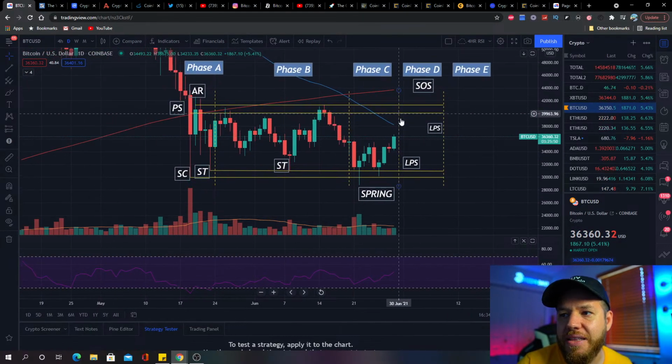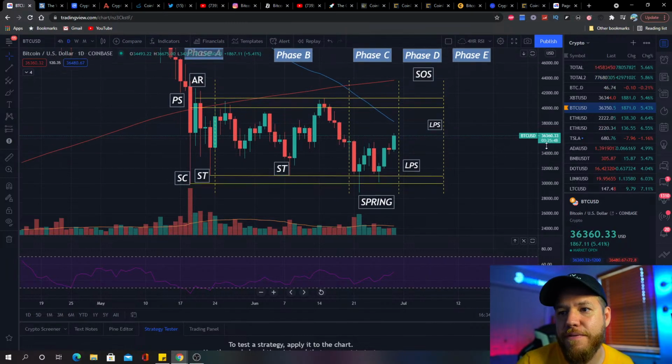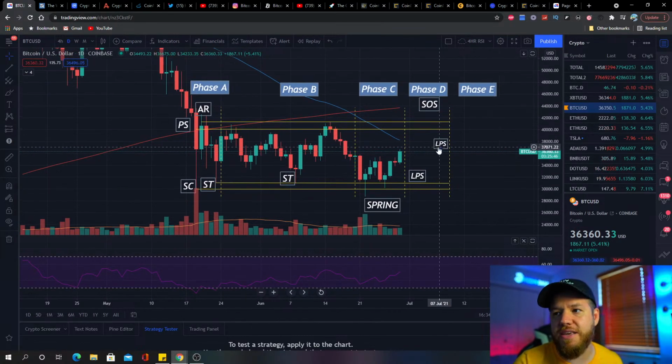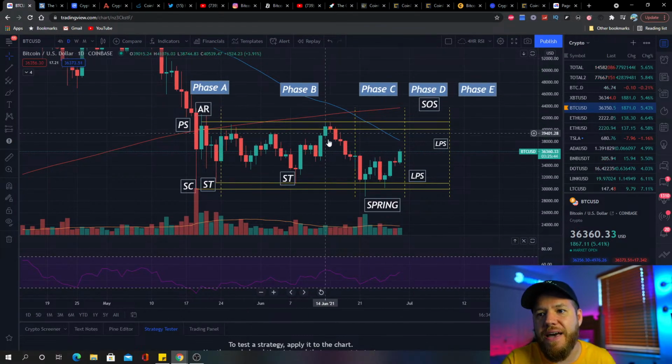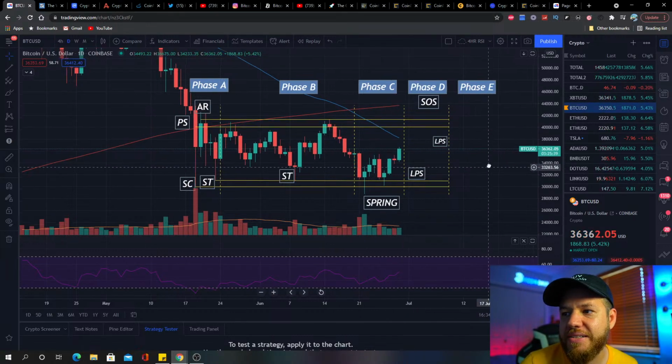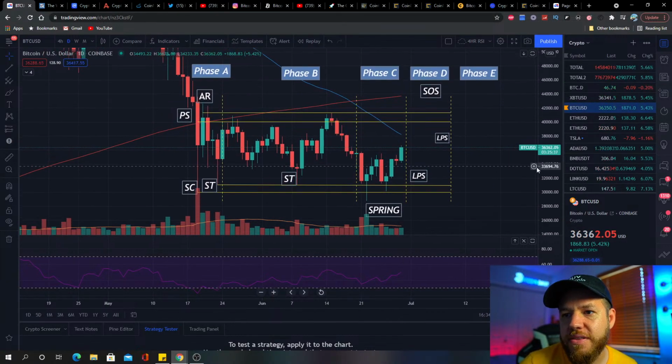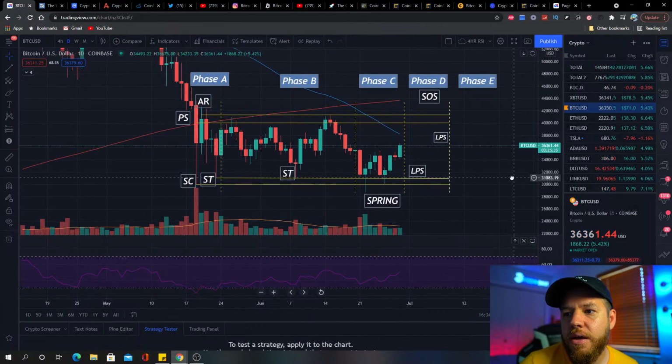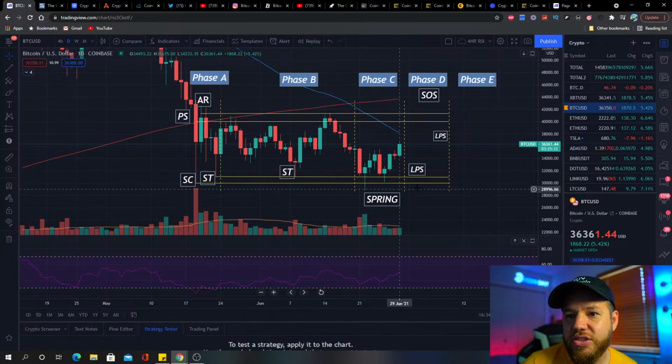It doesn't mean it's going to happen in this exact time frame. This is just how I framed it, for the sake of setting it up and having an idea of what we can expect with this Wyckoff accumulation schematic. This is currently what we're watching.